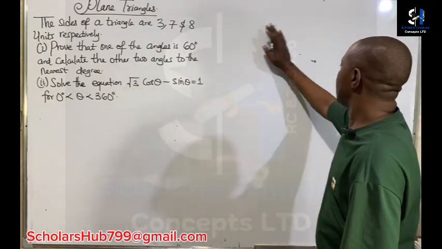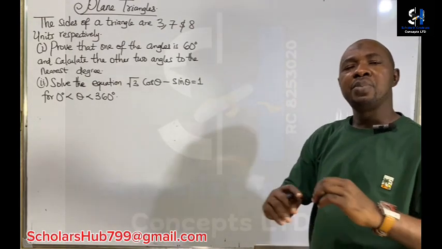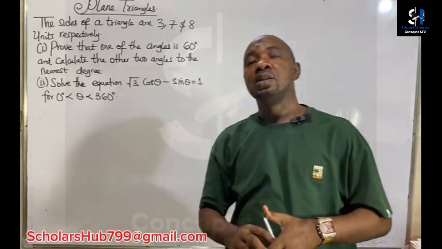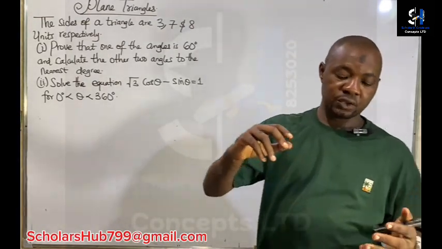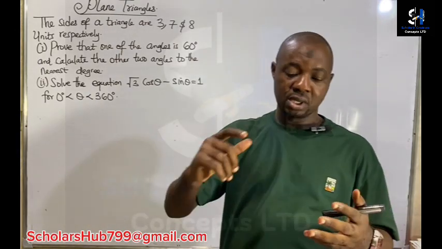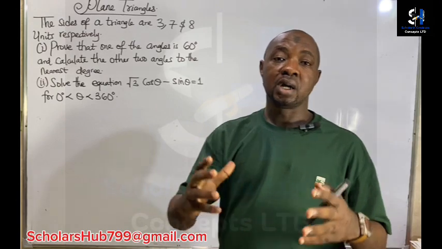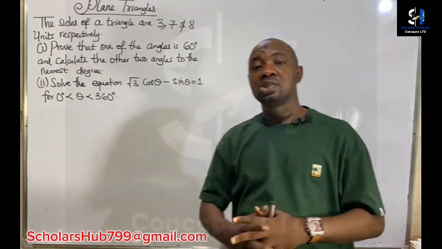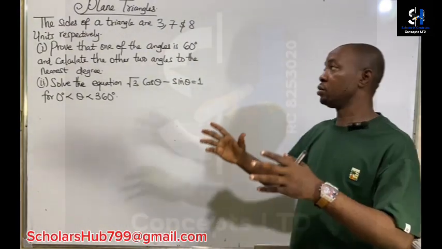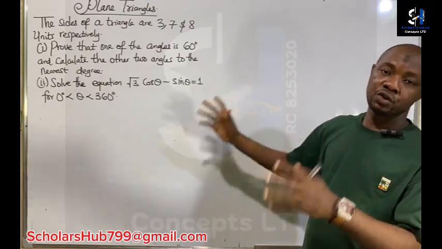The triangles we know as the equilateral triangle, isosceles triangle, and the scalene triangle are called plane triangles.